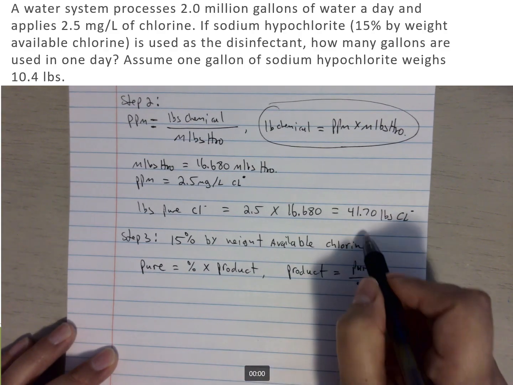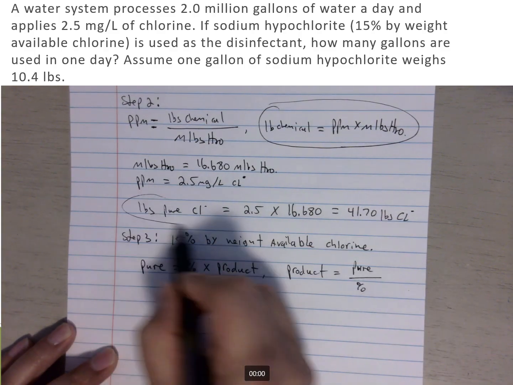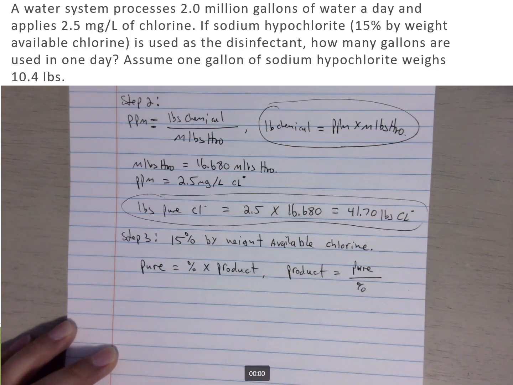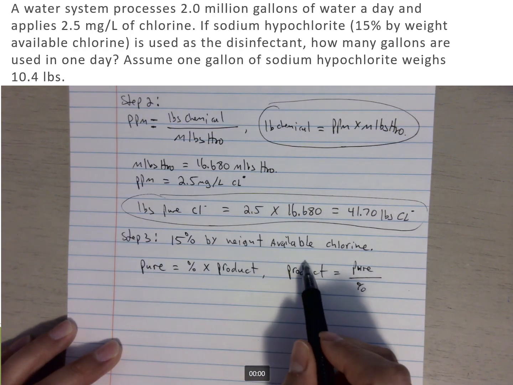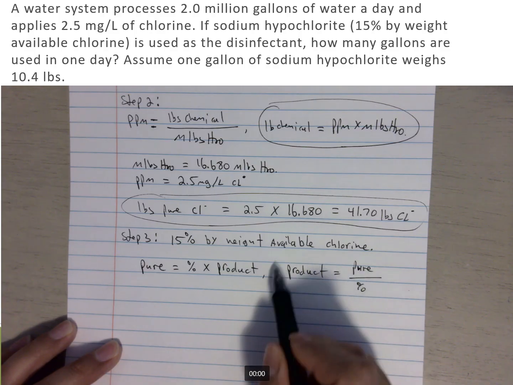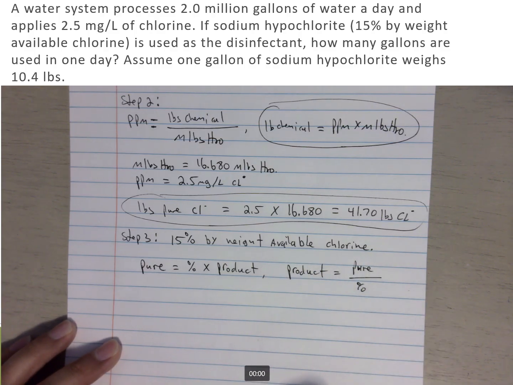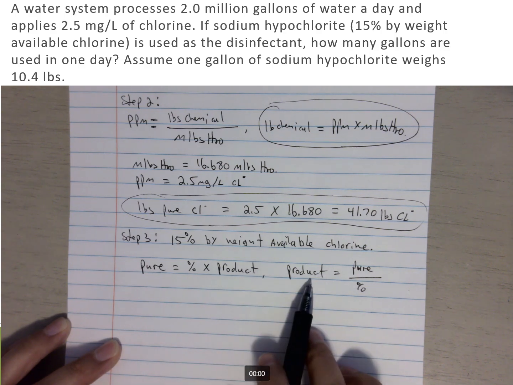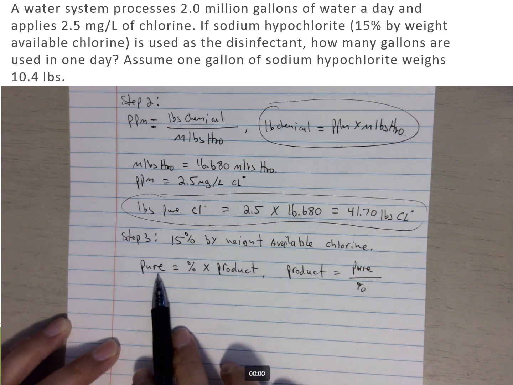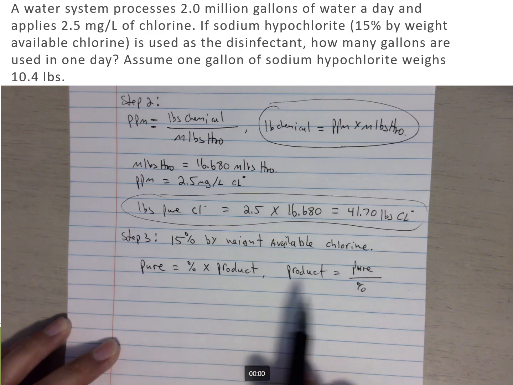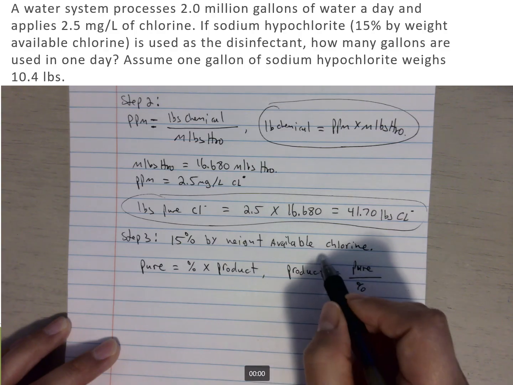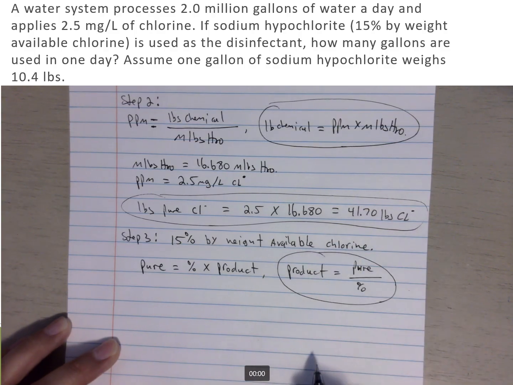We already found how many pounds of pure chlorine we need to achieve that concentration. And now we need to find how many pounds of the product that is, right? In order to do that, we have to do a percentage calculation, right? We have the pure, right? So we have to find the product. So out of these two equations, we want to use this one, right?